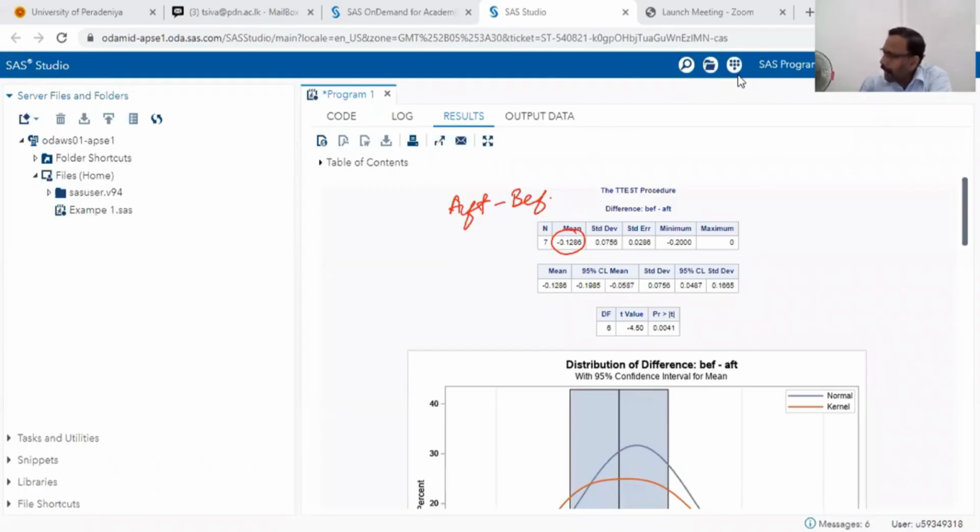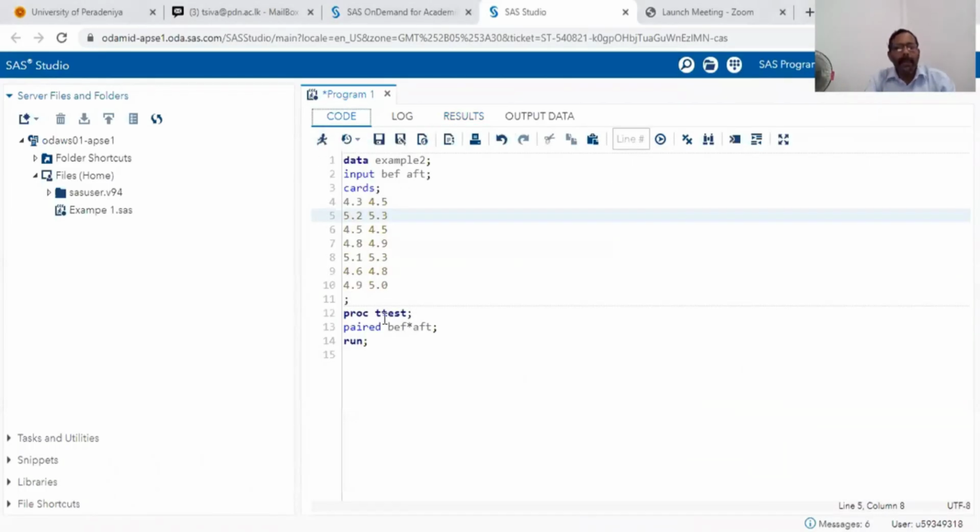So how can we do that? Go back to the program. You see, we can change this, after into before. So here it is the way that we want. Now after minus before. Earlier it was before minus after. Now it is after minus before. You see. Run the program.